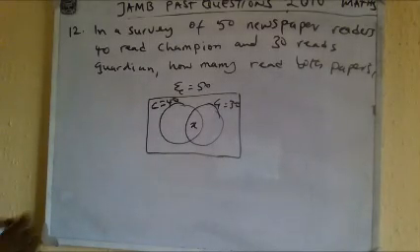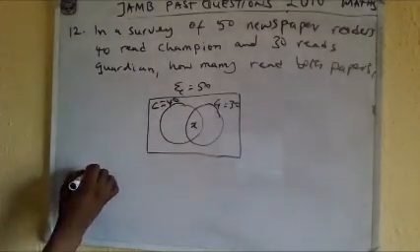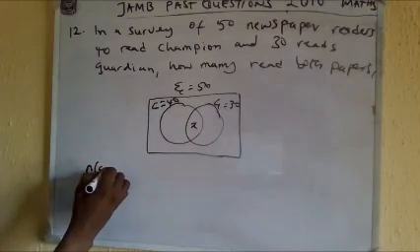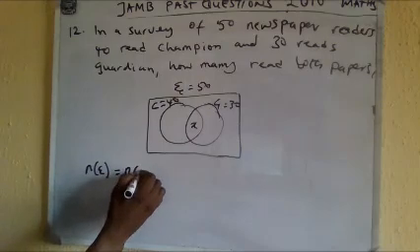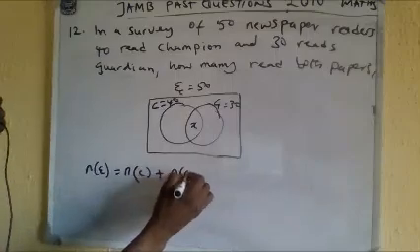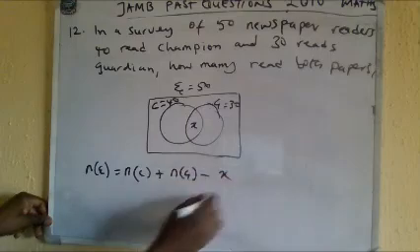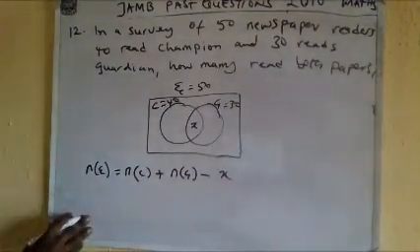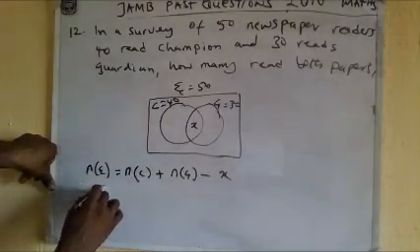So the formula for this is N is equal to the number of those that read Champion plus the number of those that read Guardian minus the intersection X. The universal set is 50.